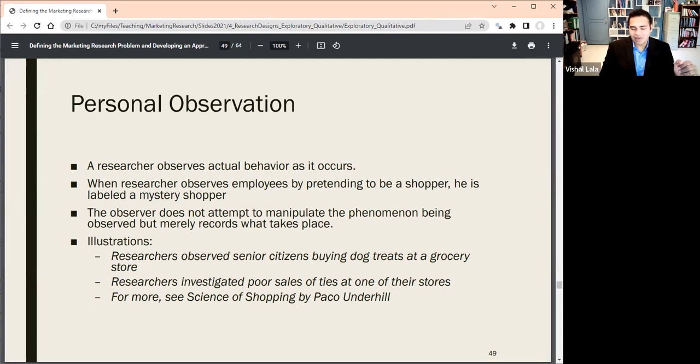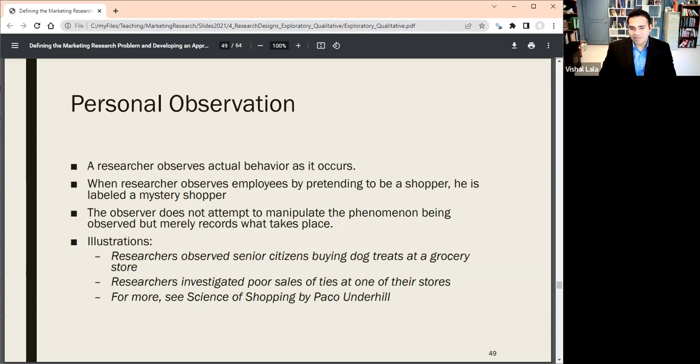To shed more light on this, video cameras observing people shopping for ties showed that people would examine the ties on the tie tower one by one. As they examined the ties, they would bend down a little bit.